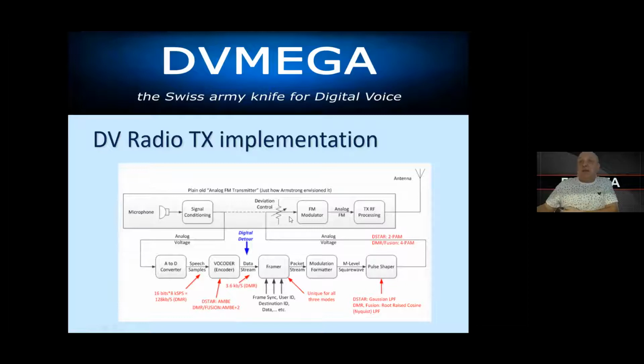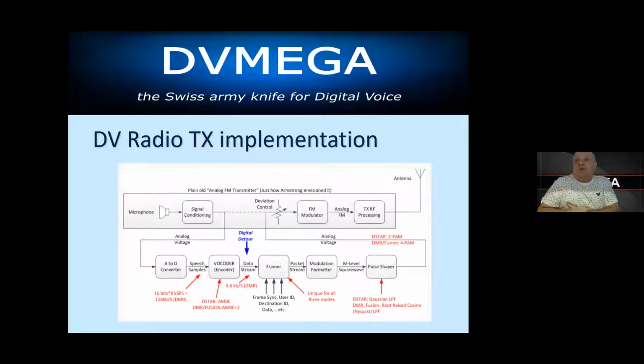So we cut the line from the signal conditioning to the FM modulator, and feed the analog signal into an analog to digital converter. Then you have speech samples. I spoke already about 16 bits, 8,000 samples per second, and then you come to the rate of 128 kilobits a second, which is standard pulse code modulation, PCM.